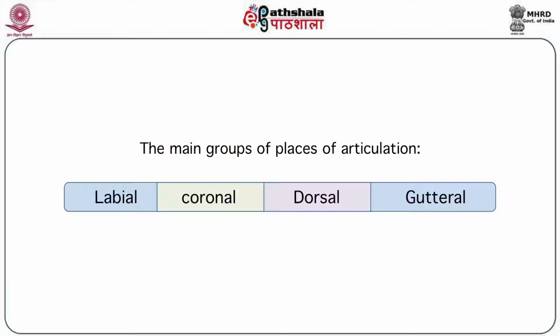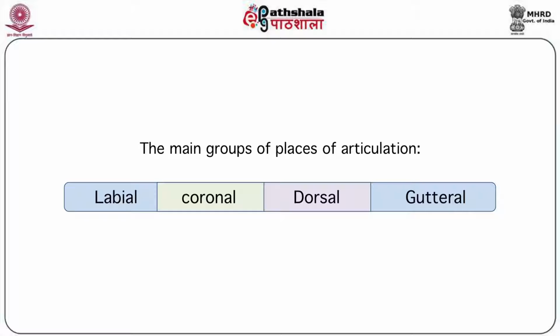Now, based on these 3 parts of the tongue involved in producing consonant sounds, we have three major groups of consonants: coronal consonants, dorsal consonants, and guttural consonants. Coronal consonants are those in the production of which the tip and the blade are involved.